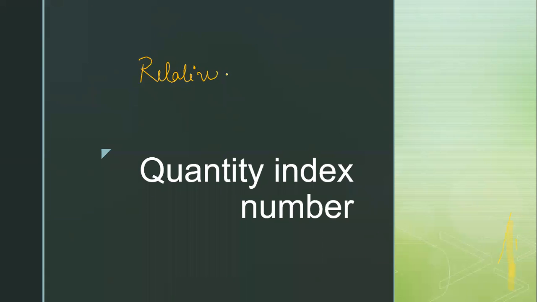When you say relatives, which are the three things that come? Price relative, quantity relative, and value relative or expenditure relative. That means the whole value or the whole expenditure of a particular commodity.